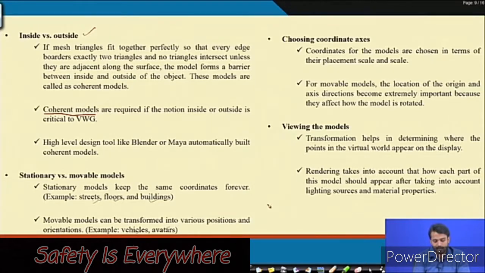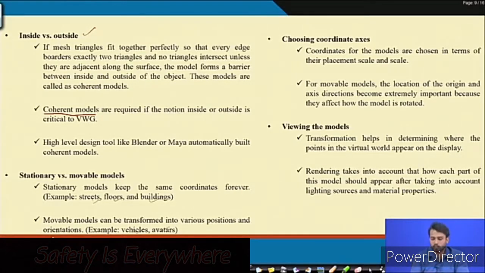Parallelly, there is another property of movable models: if you provide physics to that model, its movement can be taken care of with the laws of physics, the rules and principles of physics.